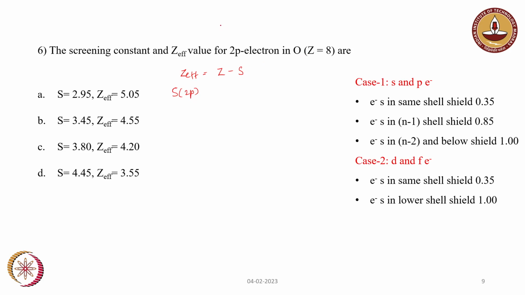Oxygen has 8 electrons, so it is 1s2, 2s2, 2p4.